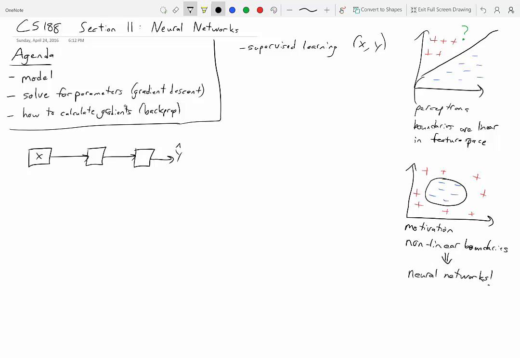Okay, cool. So now that we know why we're doing neural networks in the first place, let's go back to our model. So we have some input X, and we want to output what label it is, Y hat. That's our estimate. So in the neural network model, we'll have multiple layers, and here's an example of one layer. So that's a layer, and this is also a layer. And what do you do on each layer?